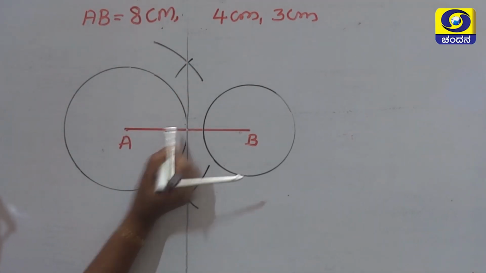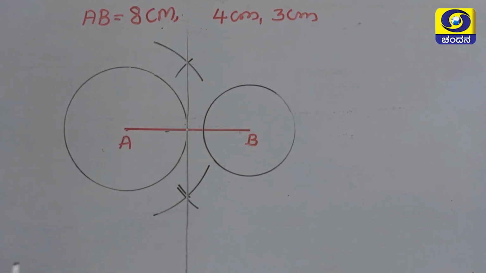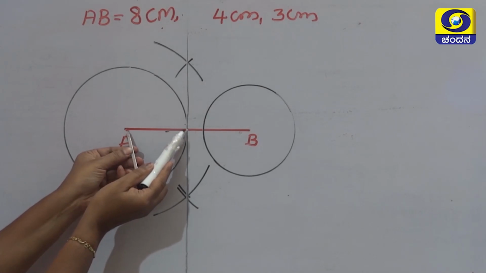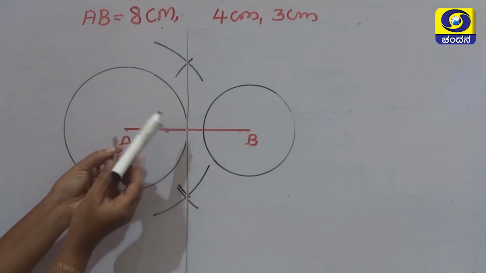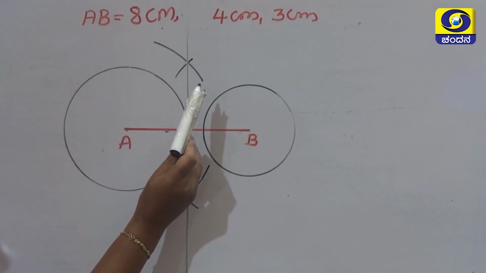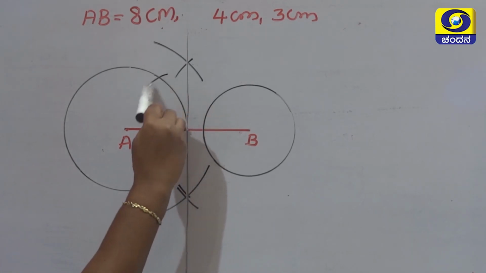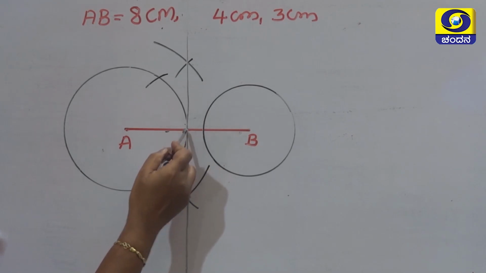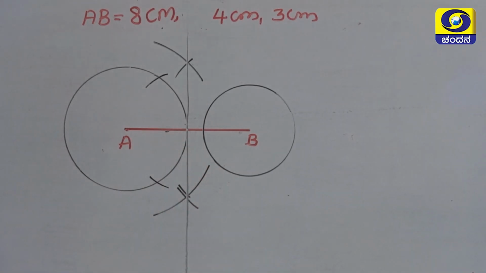This is the midpoint. Now to draw the tangents, we have to take the distance between the midpoint and the center of the circle. Keep the needle at the center. Make arcs or cuts on the circle like this.